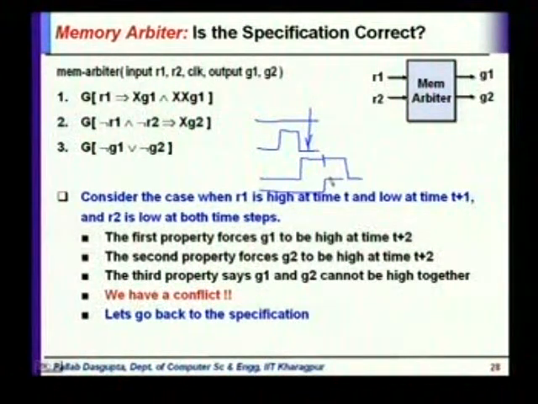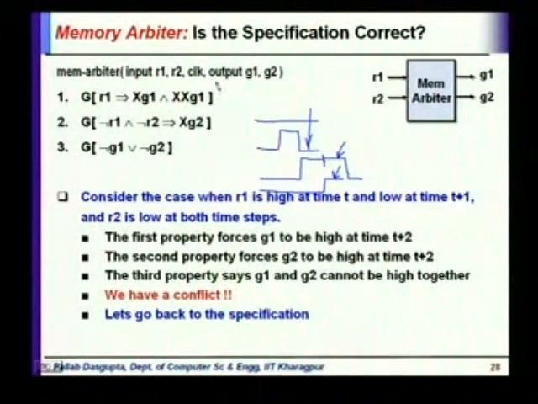So G2 must be high. Now, see the problem here. In this cycle, therefore, the first property requires G1 to be high, the second property requires G2 to be high. But then the third property says that two of them cannot be high at the same time, right. So there is a conflict here.